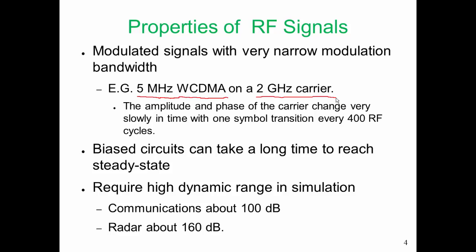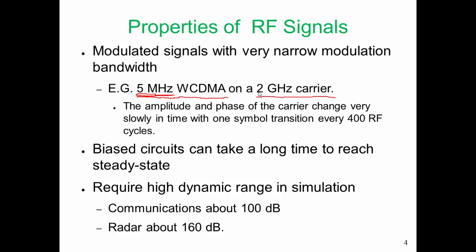It has a period of half a nanosecond, but the information content on that carrier is all within this 5 MHz bandwidth. That is, we will have a symbol that changes state at the rate of 5 megasamples per second. So it takes 1/5 of a microsecond for the symbol to go from one point to another.